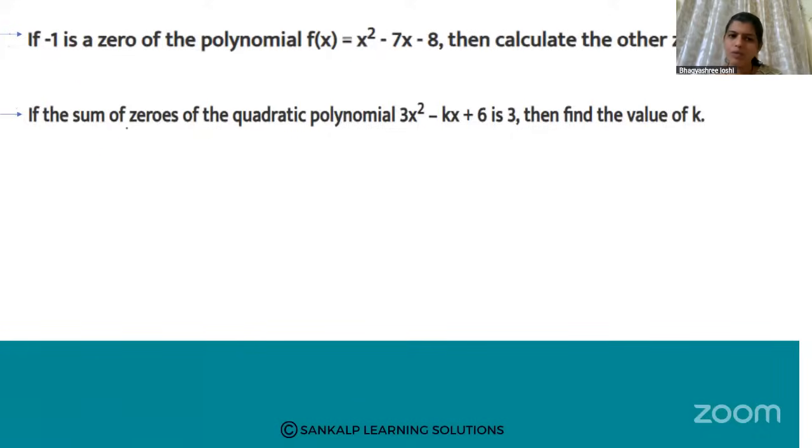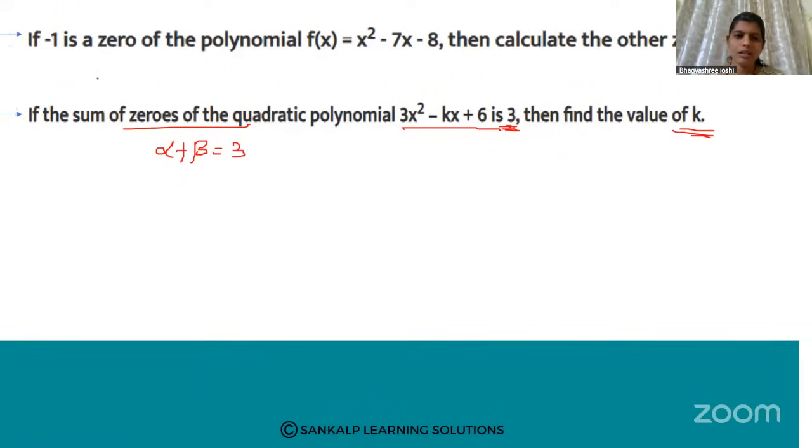Next one. If the sum of zeros of the quadratic polynomial 3x square minus kx plus 6 is 3. Observe carefully. Then find the value of k. What they have given? Sum of zeros of the quadratic polynomial is 3. Alpha plus beta is equal to 3. What they have asked? Find the value of k.